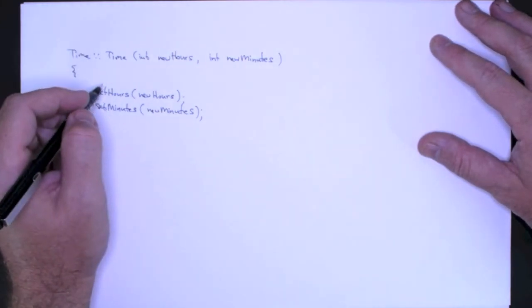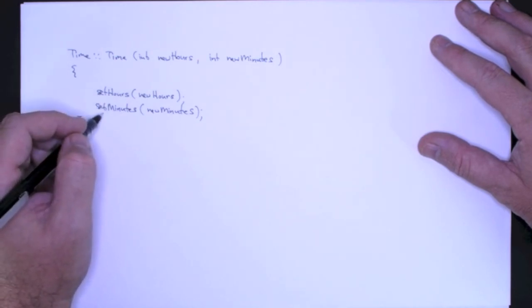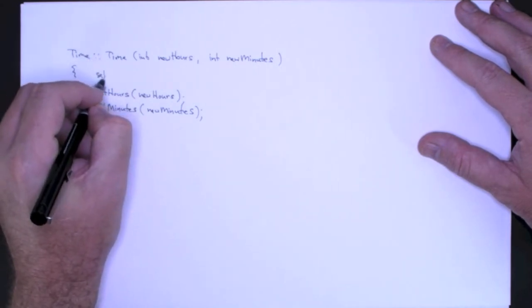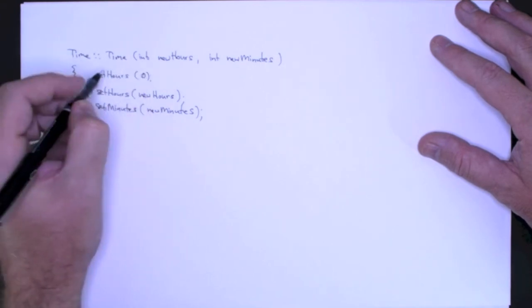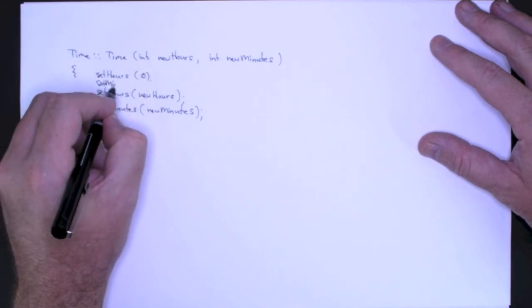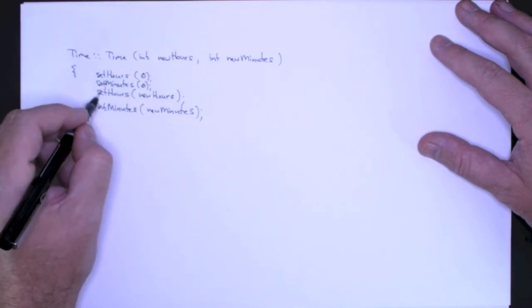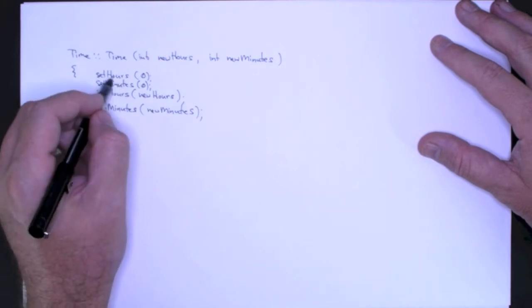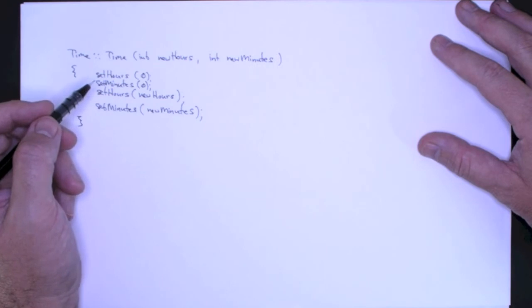I could do that through direct assignment, or I could call the set hours and set minutes methods by passing in 0. So why don't I just do that? We're going to set hours to 0, and then set minutes to 0. And now if one or both of these set methods fails because these are incorrect values, I know that I'll at least have 0 in those private data members.